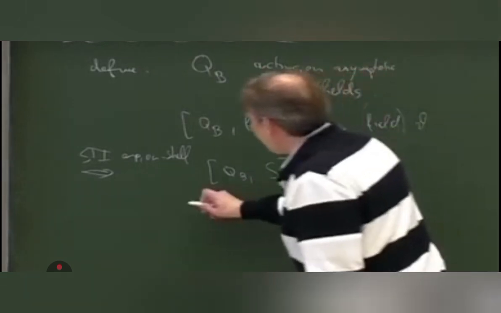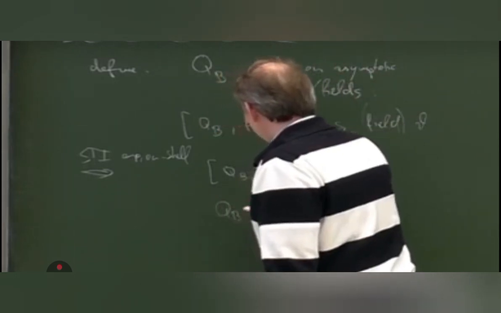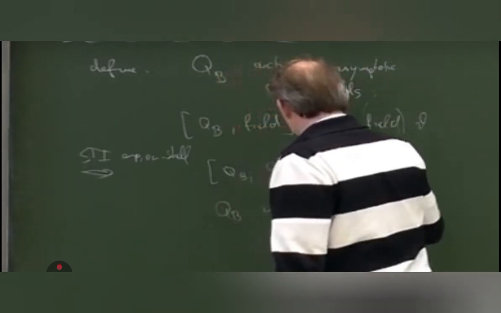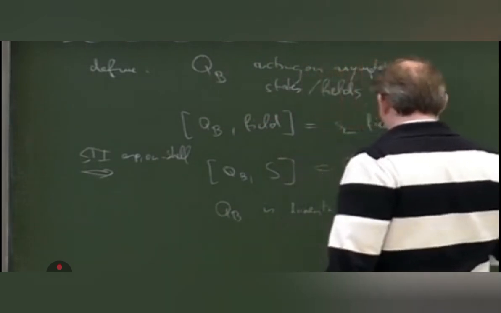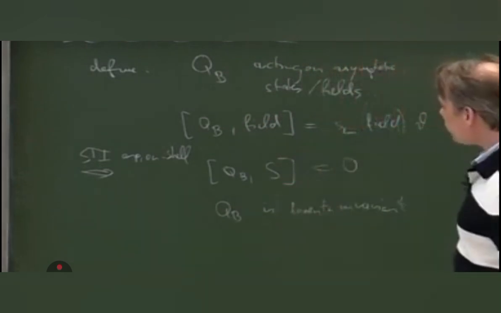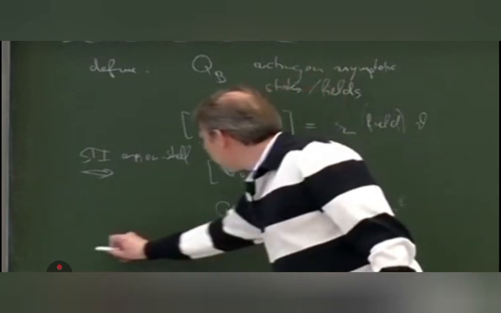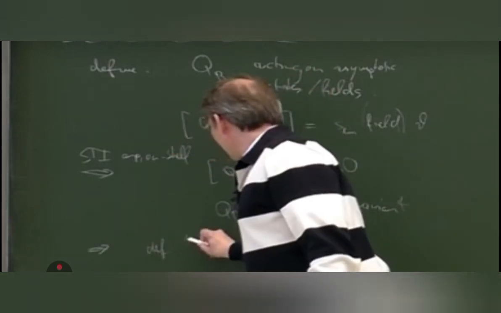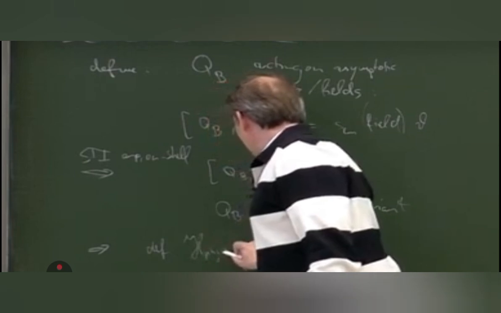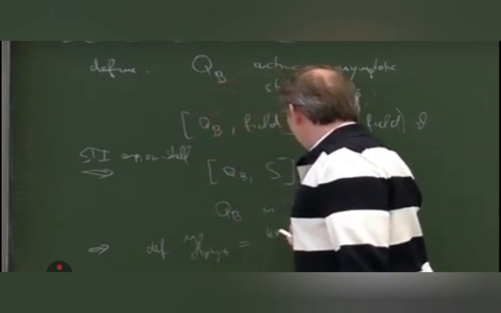And then we know this QB is Lorentz invariant. The original S operator is Lorentz invariant, and so then you can define the physical Hilbert space as the quotient space.